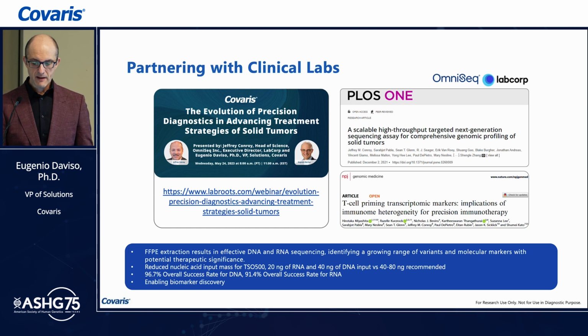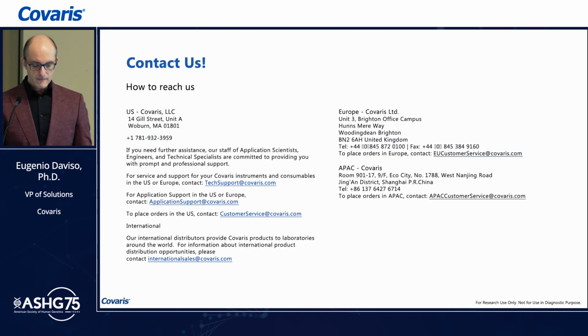In a more recent paper, OmniSeq achieved groundbreaking research with the first of its kind transcriptome analysis of T-cell priming markers, opening new horizons for targeted transcriptomic workflow in biomarker discoveries. Our collaboration showcases our commitment to advancing clinical genomics and biomarker discovery, positioning us as leader in the field.